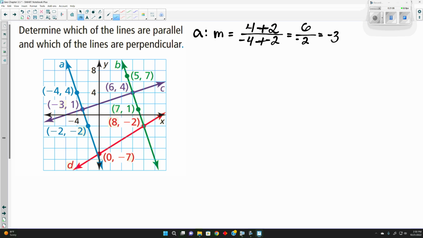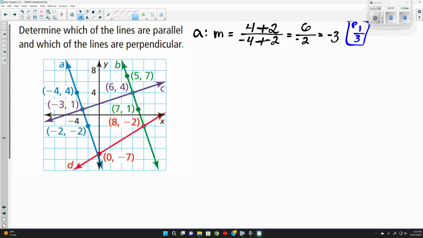If it was going to be perpendicular, opposite reciprocal, it'd be 1/3, because we change it from negative to positive and flip it to make 1/3 perpendicular. So it does help to write out what the perpendicular slope would be as a reminder, you can do that.